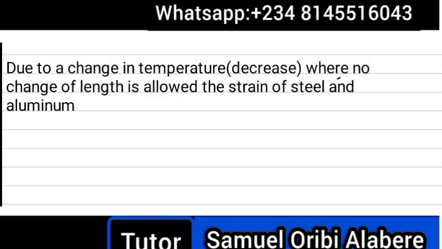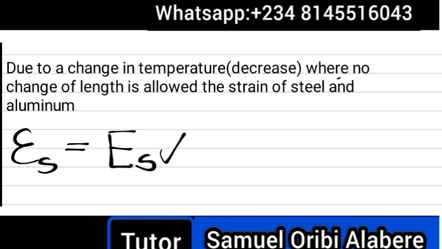It's important to recall that due to a change in temperature, where in this case the temperature decreases, full change of length is allowed. The strain of steel and aluminium in this case will then be equal. So here, the strain of steel, represented by this symbol, is equal to the Young modulus of mild steel times the linear expansivity of mild steel times the change in temperature of mild steel.